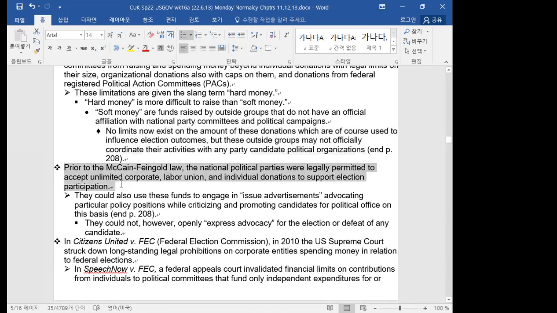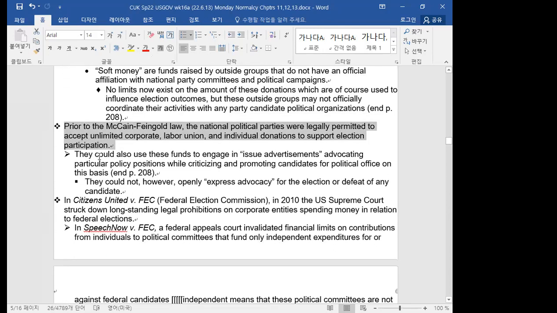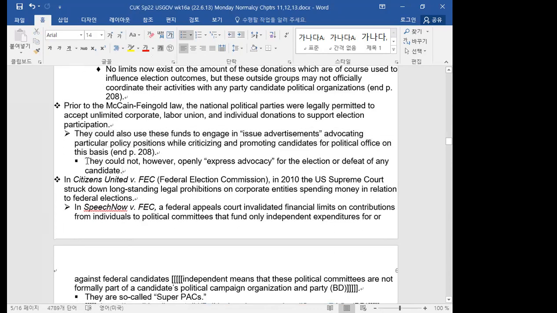Prior to the McCain-Feingold law, the national political parties were legally permitted to accept unlimited corporate, labor union, and individual donations to support election participation. They could also use these funds to engage in issue advertisements, advocating particular policy positions while criticizing or promoting candidates for political office on this basis. They could not, however, openly express advocacy for the election or defeat of any of the candidates.